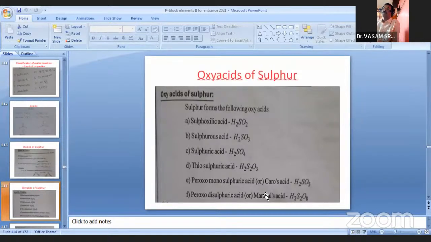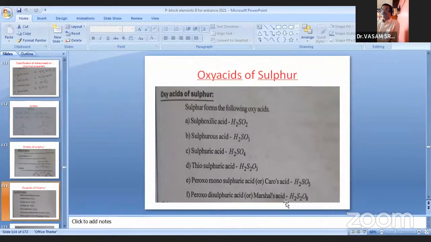They are called oxyacids of sulfur. These are the oxyacids of sulfur: H2SO2, H2SO3, H2SO4, H2S2O3, H2SO5, H2S2O8. So they're all the oxyacids of sulfur.